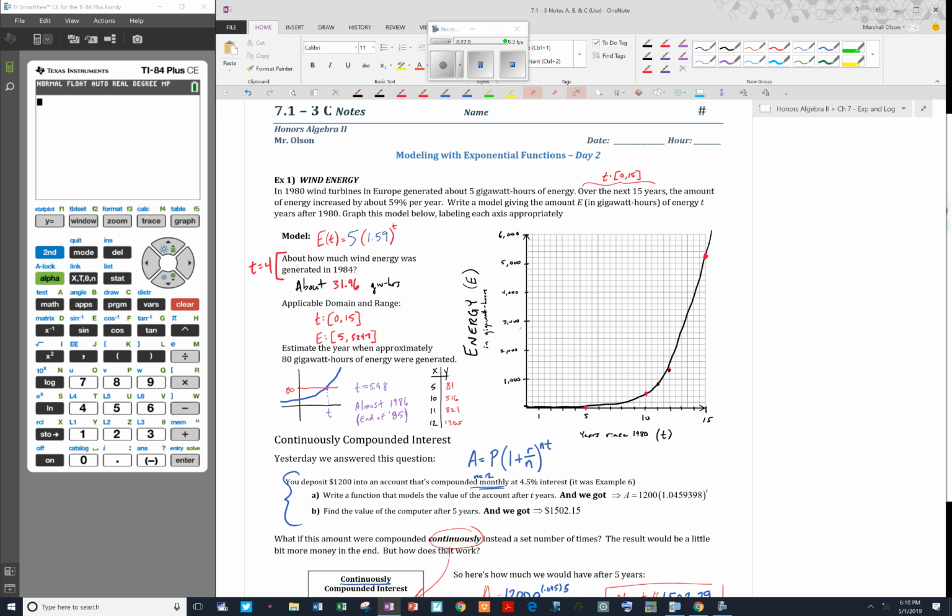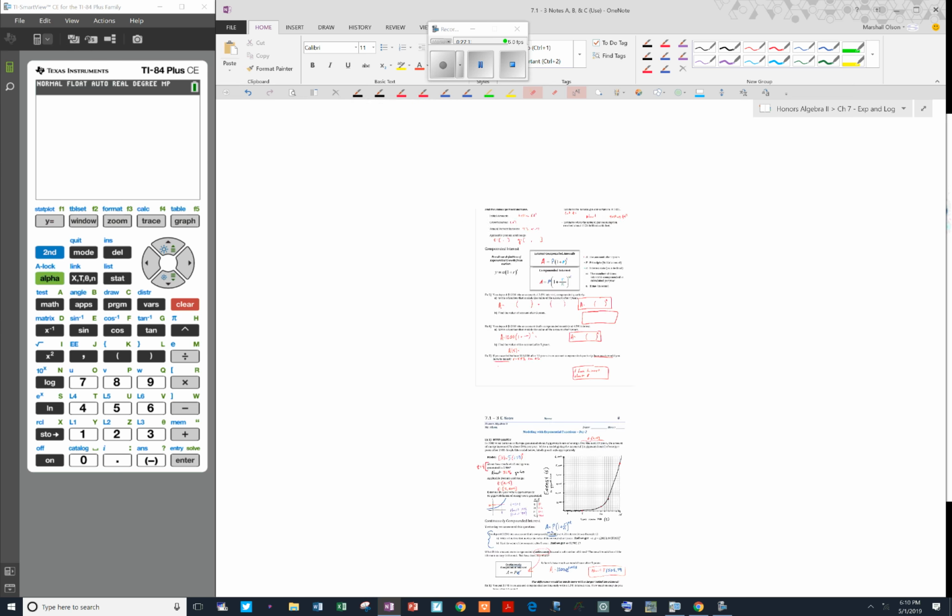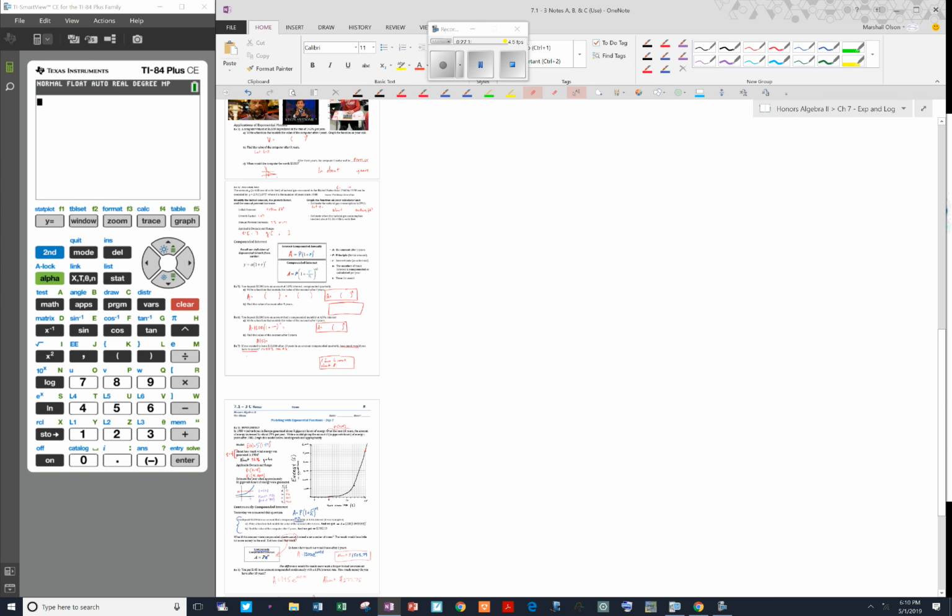So we've got quite a few examples to look back at, and then the half-life stuff here too. And what we're going to go into next in 7.4 is logarithms. So make sure you have this stuff under control before you move into the logarithms, because understanding exponentials will help you understand the logarithmic functions even better.